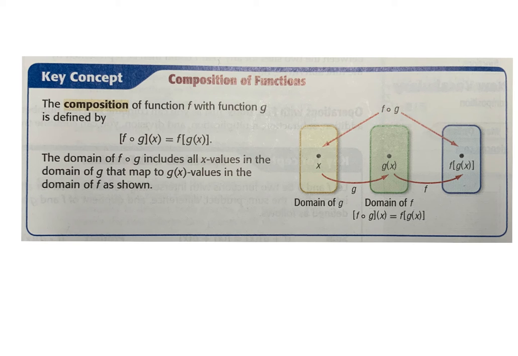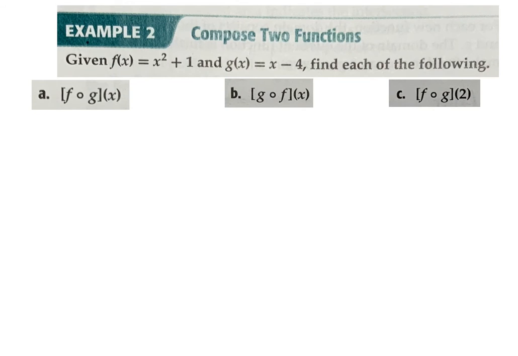It means composite. What it means is you're taking the x and you're putting it into the g first, and then you're taking that and you're putting that into the f. And so it's just a composite of functions. You're working your way from the inside out, basically. Putting the x in the g and then putting that answer into the f. All right, so let's look at some of the examples they have here.